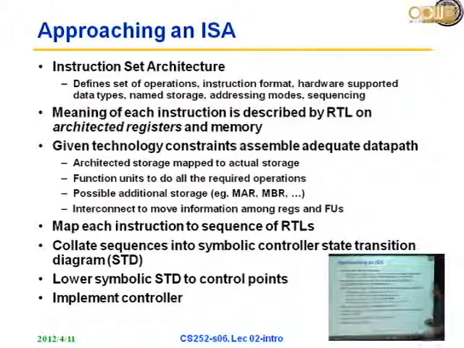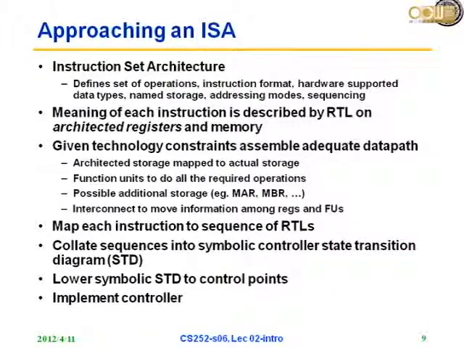These RTLs basically only mean what's going to happen in your data path. But then you need to construct a proper state machine, state transition diagram, or finite state machine. That finite state machine is for the controller design. Okay, how many steps do I need in order to accomplish the whole instruction?